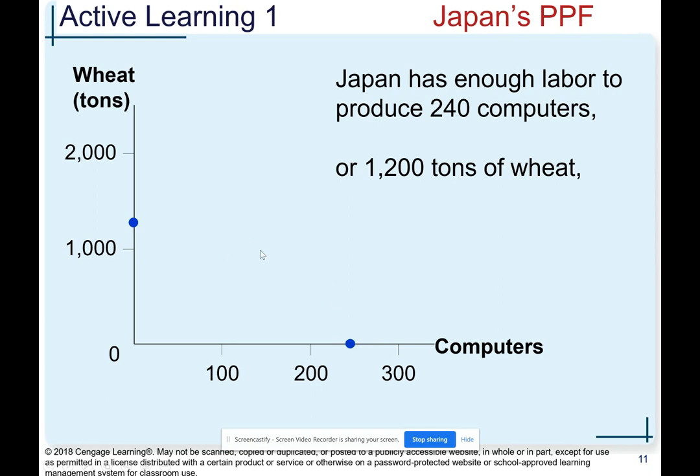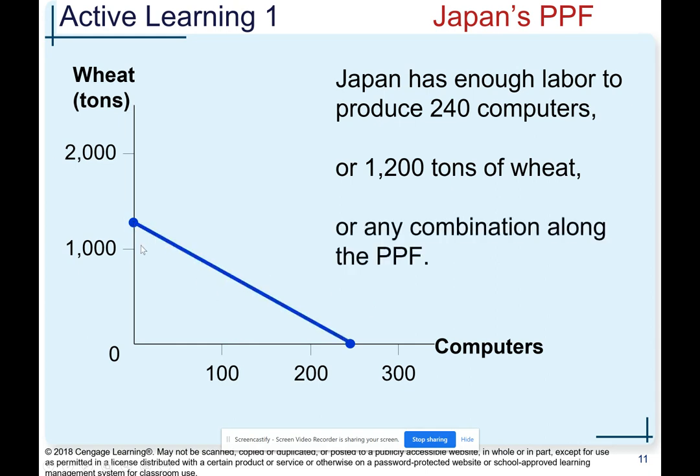On the other hand, if we choose to use 30,000 labor hours to produce tons of wheat, we will produce 1,200 tons of wheat. With that information, we plot the production possibilities frontier. So Japan can either produce 1,200 tons of wheat or 240 computers or a combination thereof.